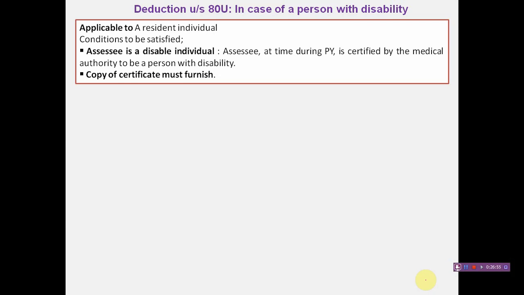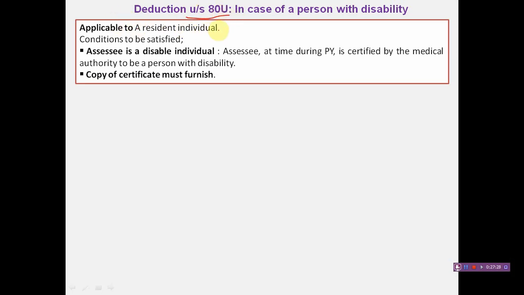Assessee himself is a disabled person here. It is not necessary to spend any amount for his medical treatment. He will get a deduction if he is a disabled person. That is deduction under section 80U. It is not in respect of any income or the savings. If an assessee is a disabled person, he will get deduction under section 80U.